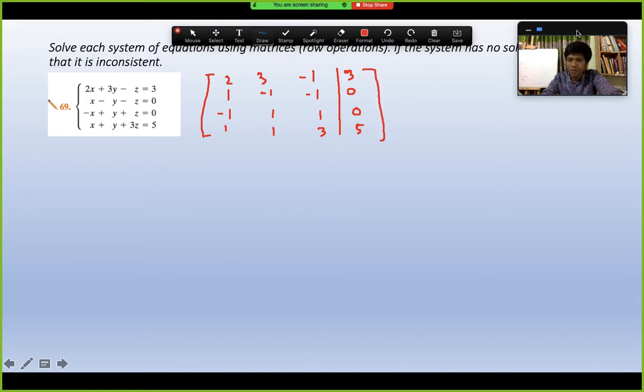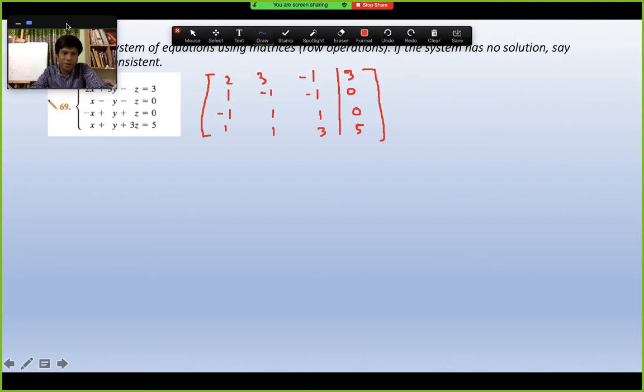So we will try to solve it by our usual method, which is row operation, and we'll try to make it in the row echelon form so that we can get to some solution. To get 1 here, first of all we need a 1 here, right?